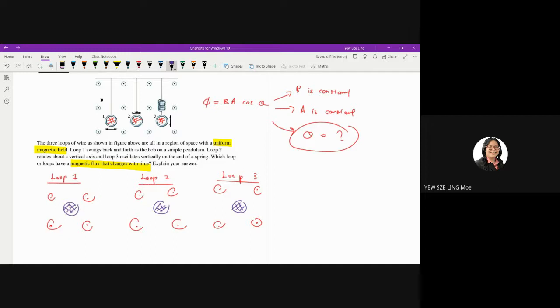You will see that the pen and the field are parallel to each other, because the field is out of the page. So in this case, what we can say is that the angle is 0 degrees in all three cases.